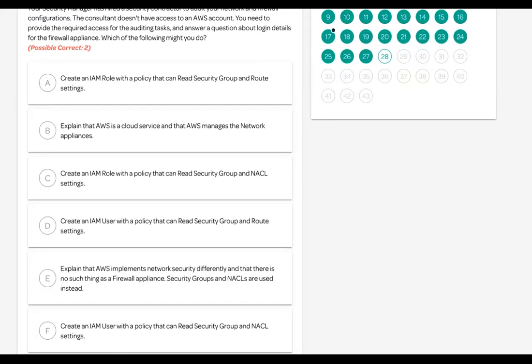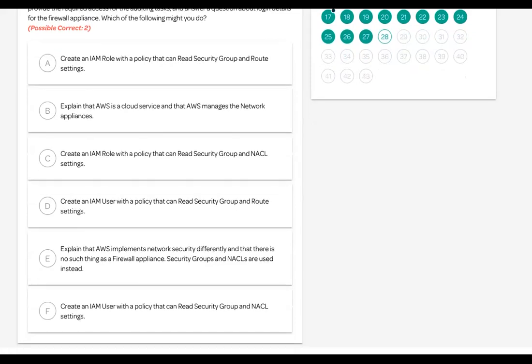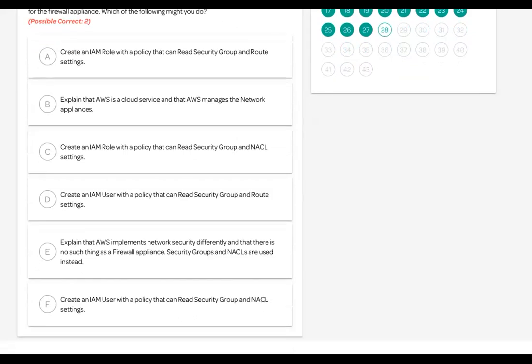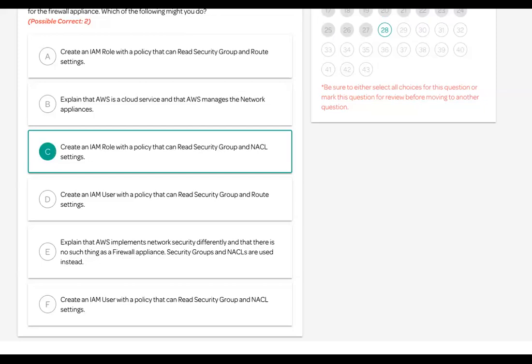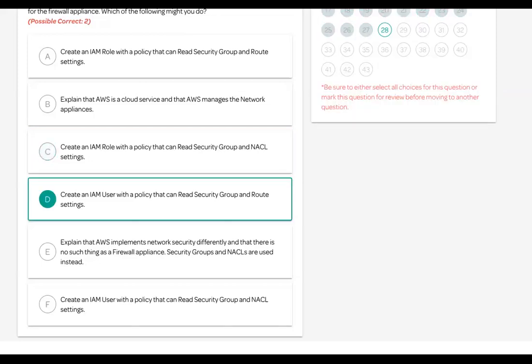Sometimes, if there is an existing user, they can also assume a role on a particular account. Explain that AWS is a cloud service and AWS manages the network appliance. Yeah, but you manage the configuration, and the audit is on security configuration. Create an IAM role with a policy that can read security group and NACL settings. For the IAM role, I may have to unselect it. Create an IAM user with a policy that can read security group and route settings.